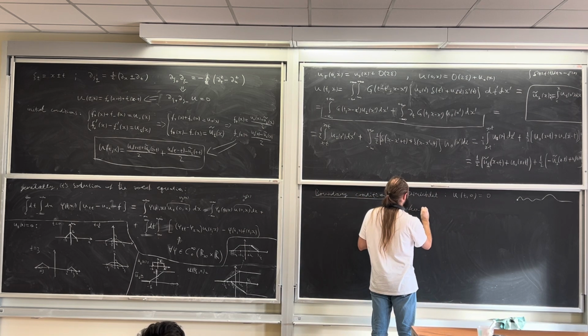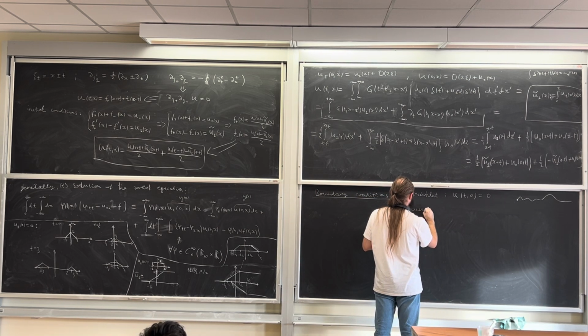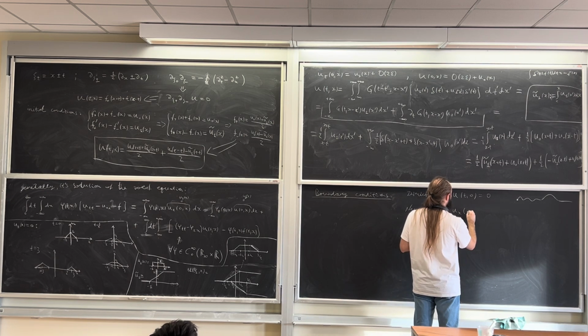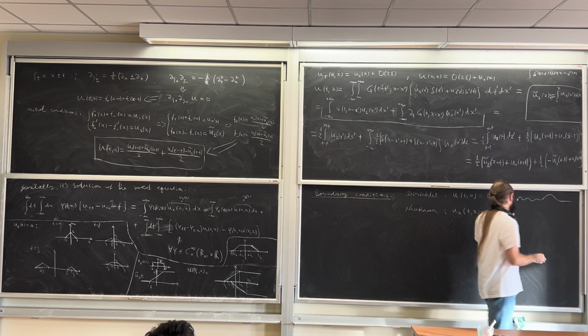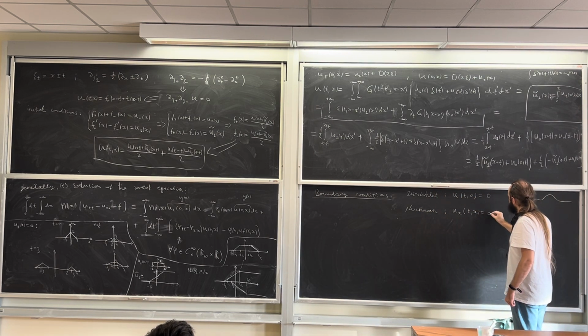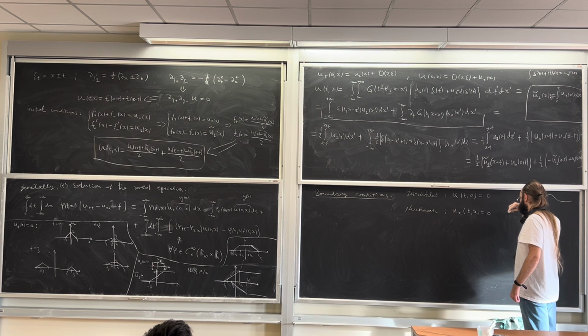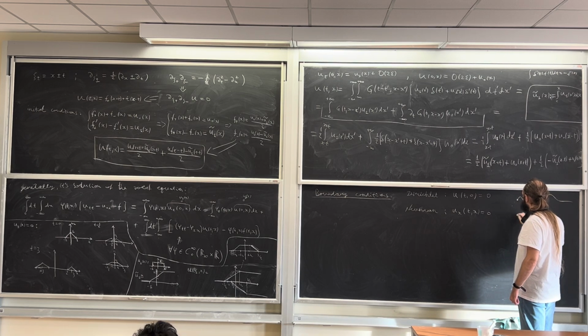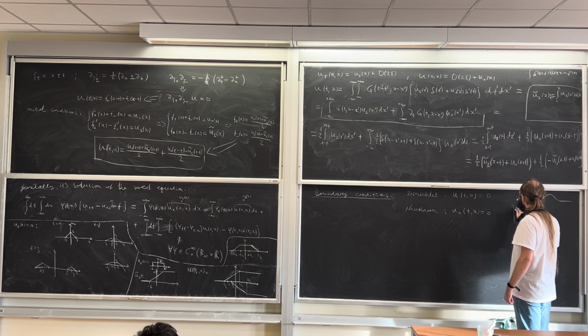Another condition is a Neumann boundary condition, ux of t, 0 equals 0. A picture in this case is the following one.